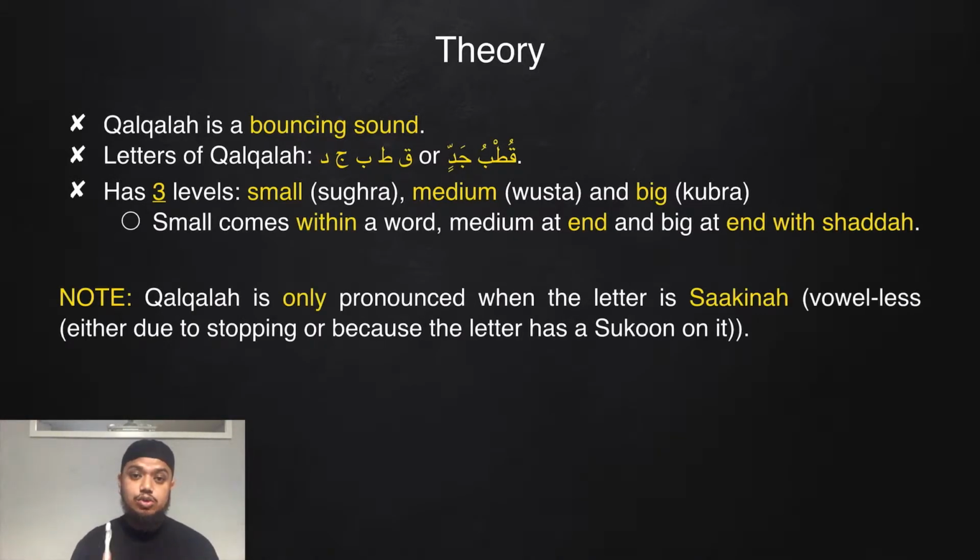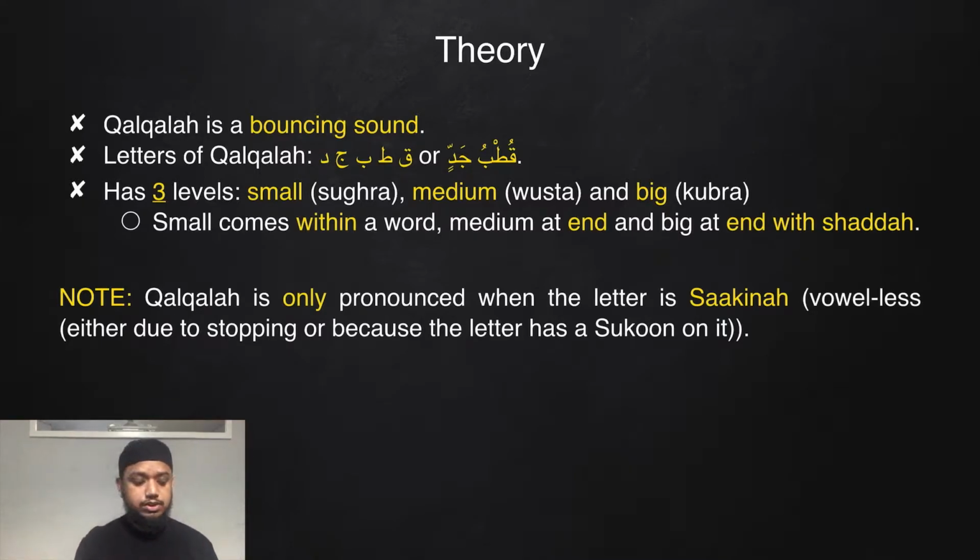Note, Qalqalah is only pronounced when the letter is sakina, when the Qaf, Ta, Ba, Jim or Dal, one of the Qutbu Jaddin letters, have a sukoon on them, when they are sakina, either due to stopping on that letter or because the letter has a sukoon on it.